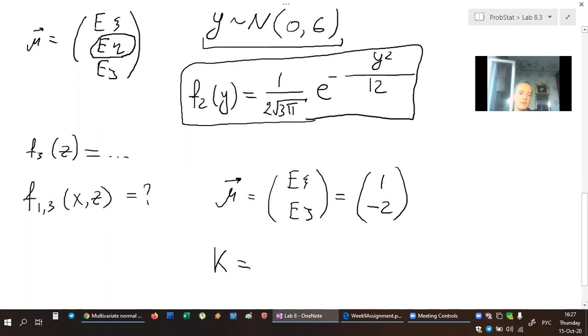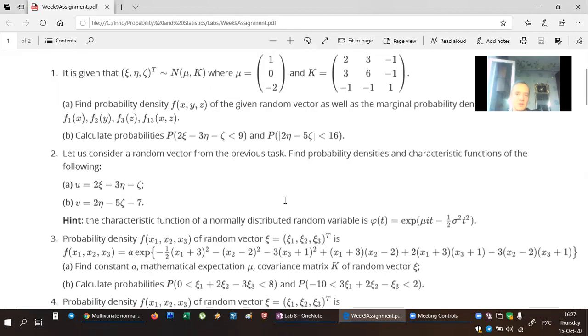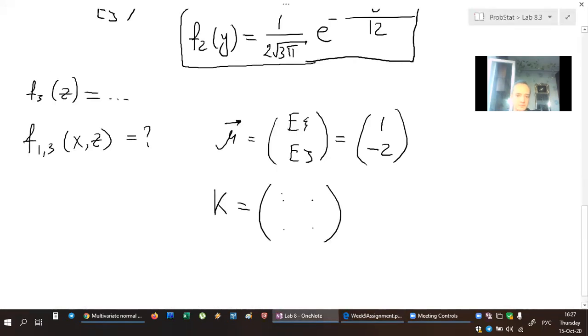Okay. The covariance matrix also has two dimensions, and so we have to find the four numbers. The number in place 1, 1 will be the variance of xi, and the variance of xi we see here. It's 2.